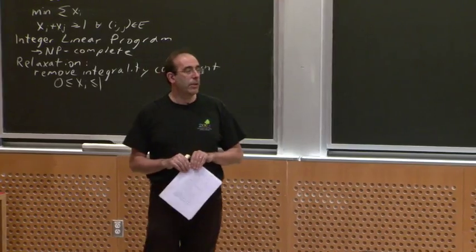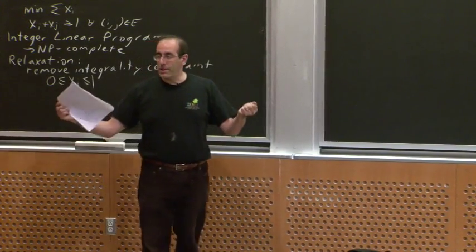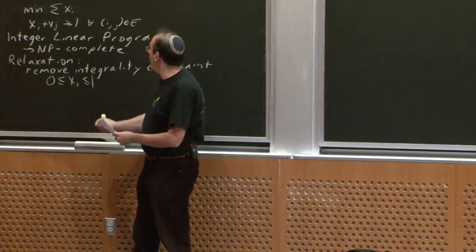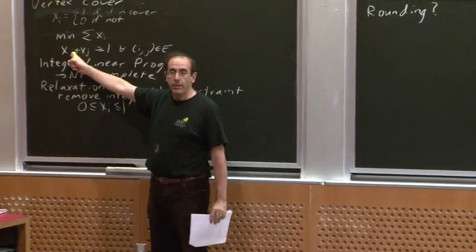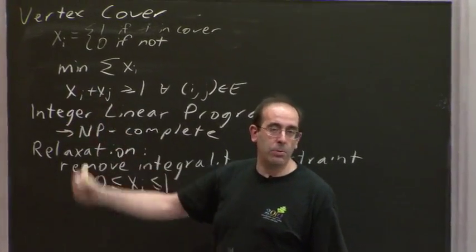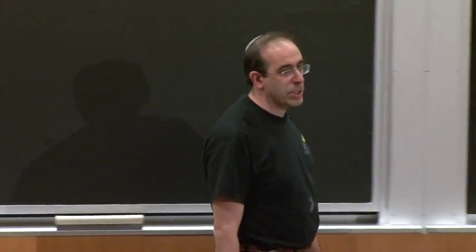Because in every edge, there is a non-zero value. I can't have a 0 on both endpoints of the edge. That would violate this constraint. So somewhere there's a non-zero. So when I take the ceiling, I'll get a 1, and that edge will get covered. So that's a feasible rounding. But what can we say about its approximation ratio?